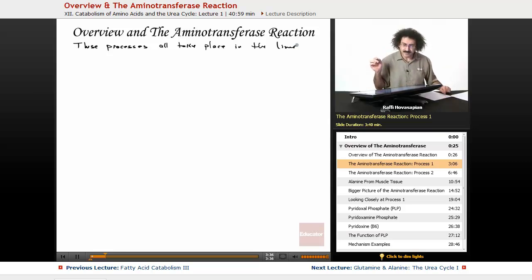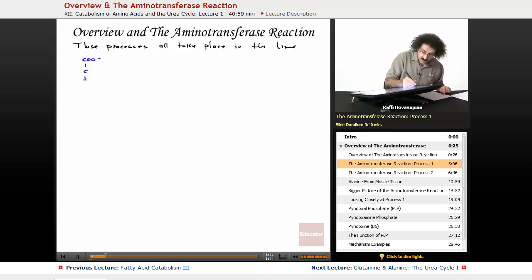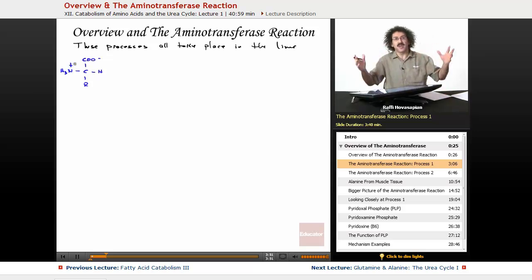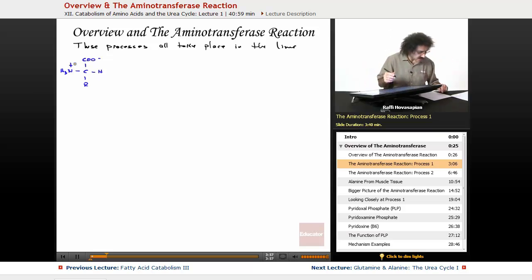Let me go ahead and do this in blue, I think. So we have COO minus, so this is R, we have H, and we have our NH3 plus. So this is just some amino acid that is either inside the liver or came from outside, from dietary protein, things like that. So what happens is the following.